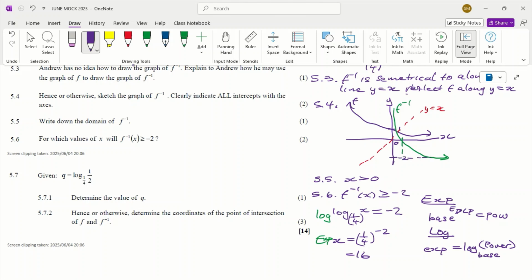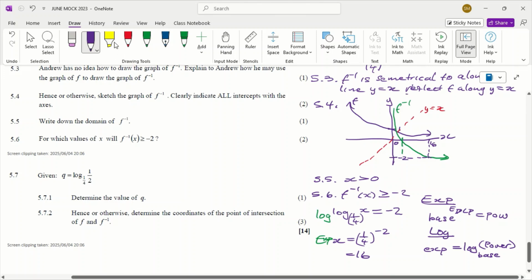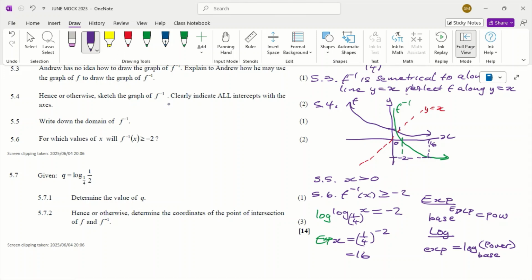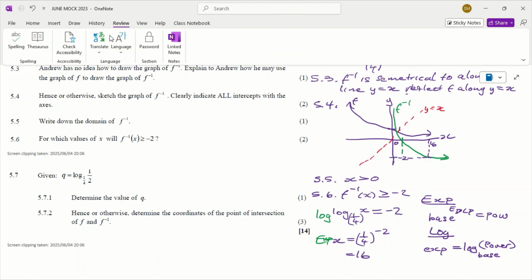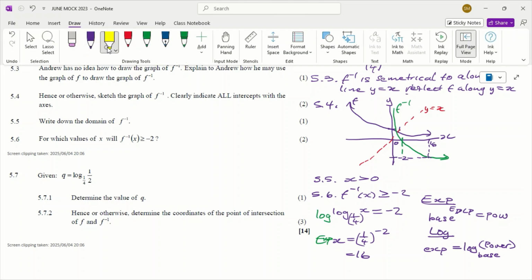And you can see that it's this area here. Let me just use a highlighter. It's this area here, and you can see that the x value is between x is equal to 0 and x is equal to 16. Remember, because of the asymptote, we cannot say that x is equal to 0.